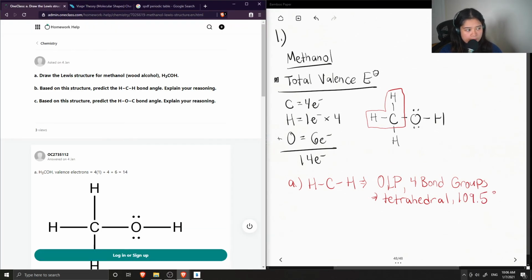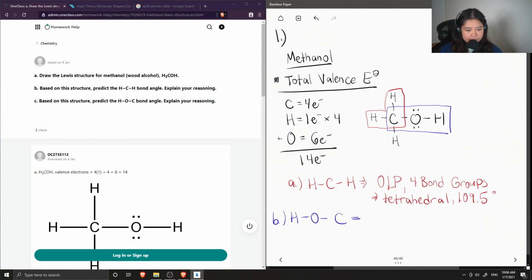So for the second part of the question, we want to predict the hydrogen-oxygen-carbon bond angle. So I'm assuming they mean where oxygen is our central atom. So if we look at oxygen as our central atom, oxygen has 2 lone pairs and only 2 bond groups, so the carbon and the hydrogen.